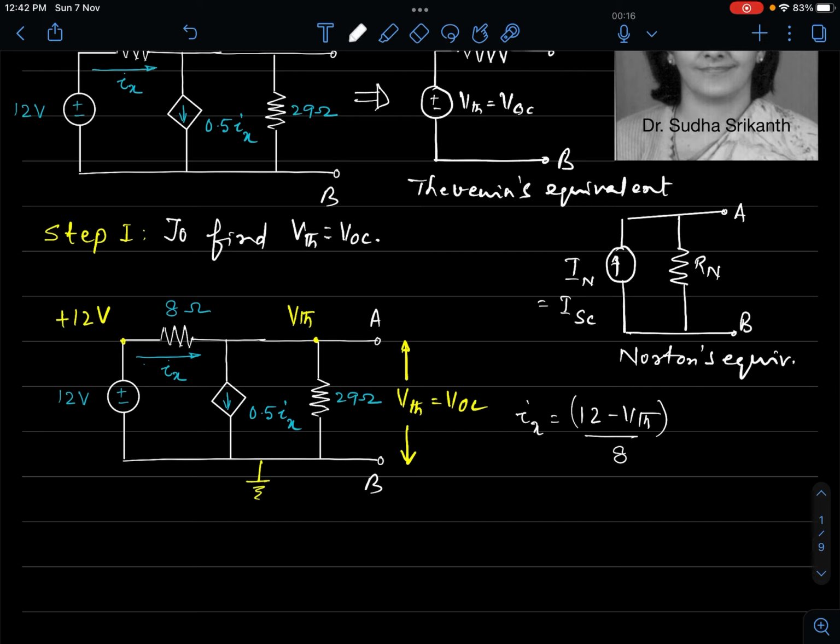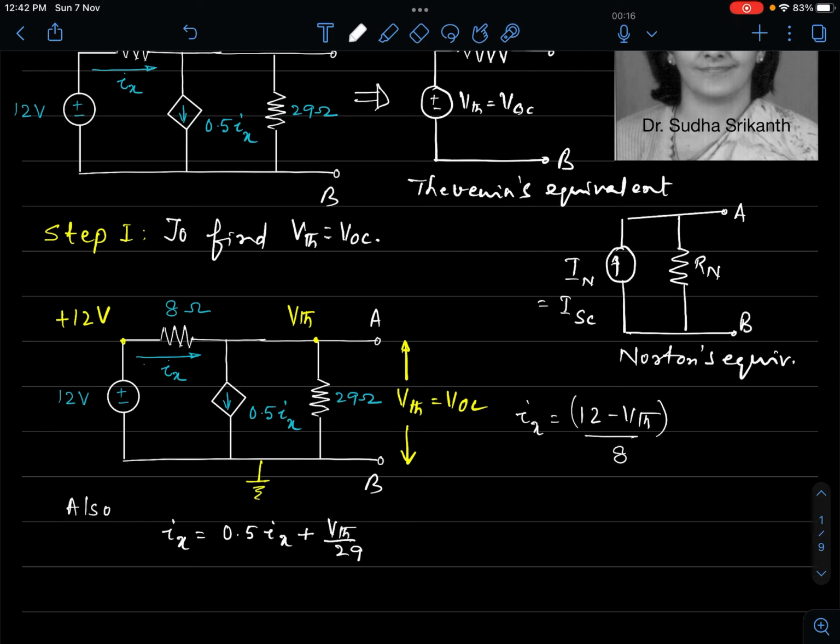Now if I write KCL at this junction A, what is it equal to? IX is the incoming current. This is equal to the 2 outgoing currents. What are the 2 outgoing currents? 0.5 IX plus the other current, VTH divided by 29.